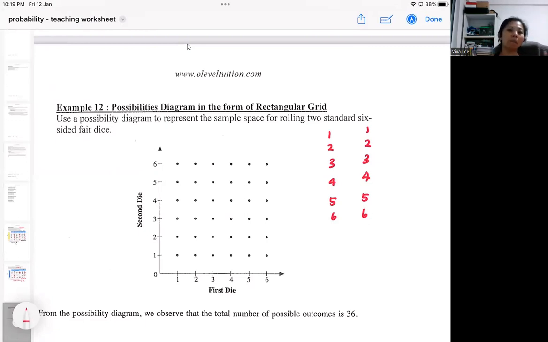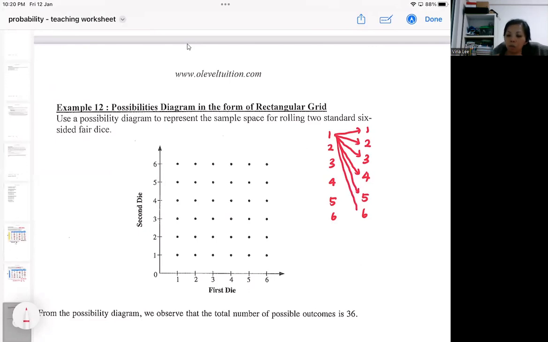If you have played Monopoly or games that involve dice, you will know that there's a lot of outcomes. So you can have both 1. Both your dice can show 1, or you can show 1, 2. It can show 1, 3. It can show 1, 4. It can show 1, 5. It can show 1, 6.